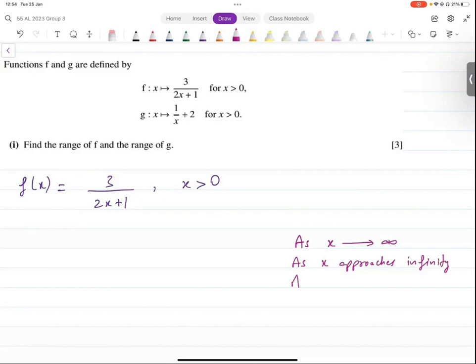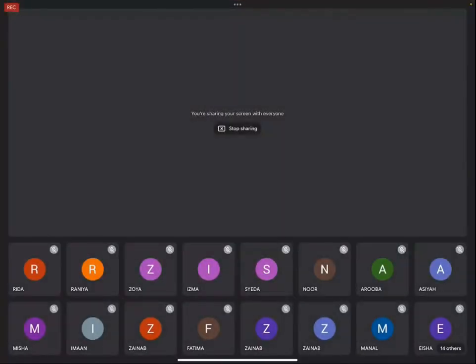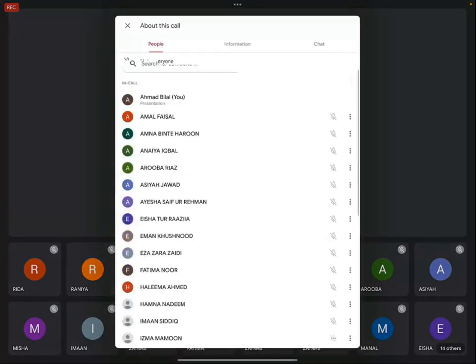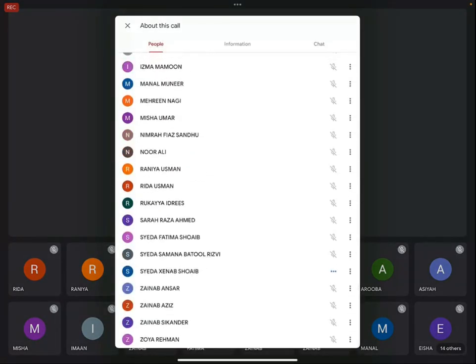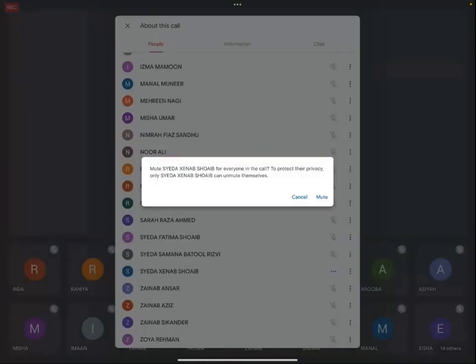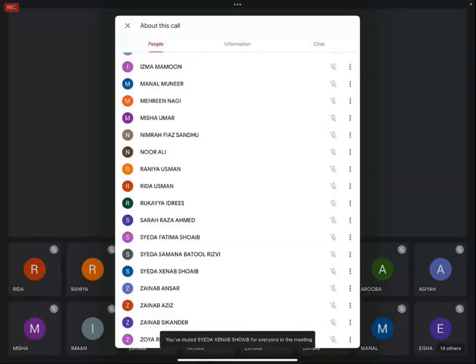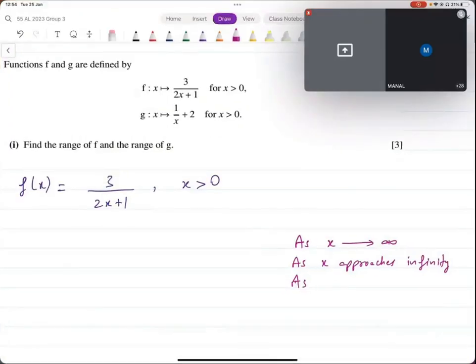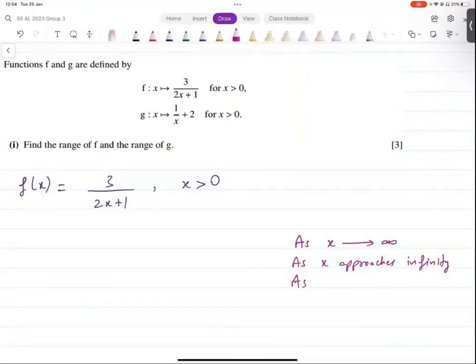Or in other words, okay, so as x goes to infinity, or you can say as x approaches infinity, what this means is as x becomes very large, as the value of x becomes very large.